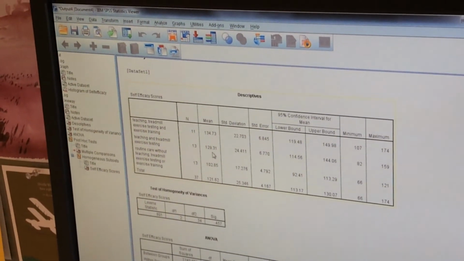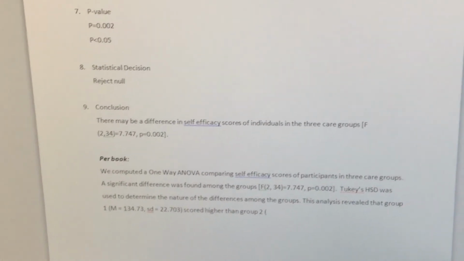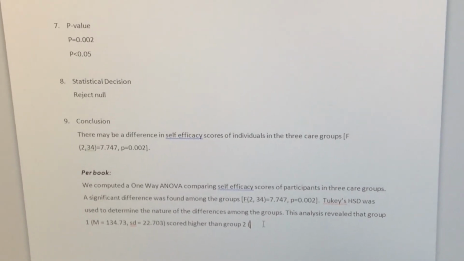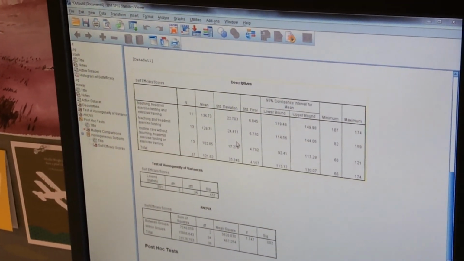And so now we have to find group 2's mean, 129.31. And the standard deviation is 24.411.